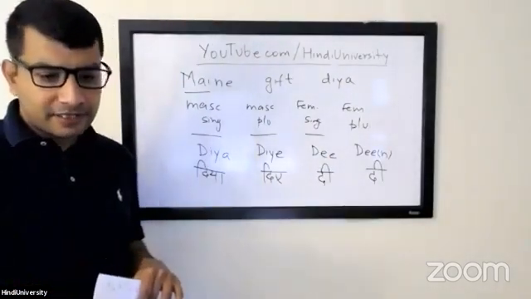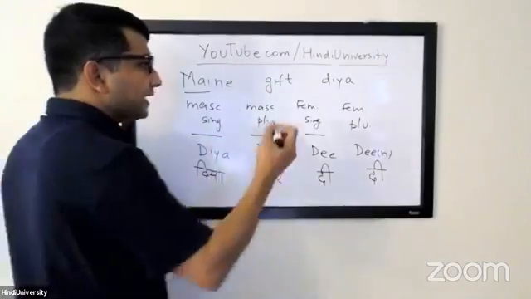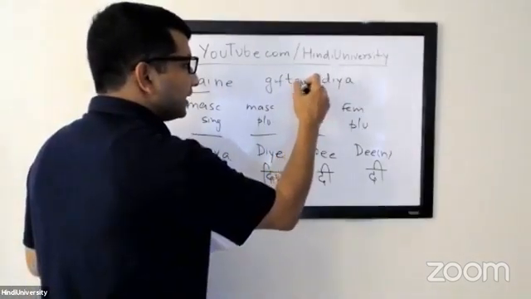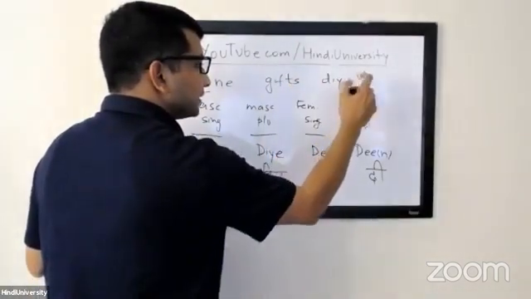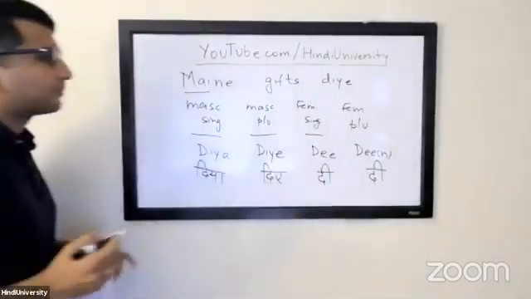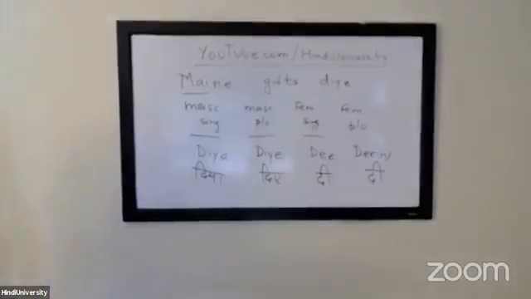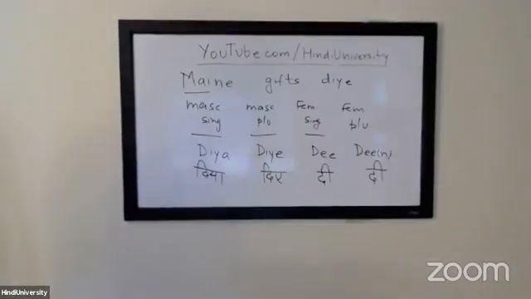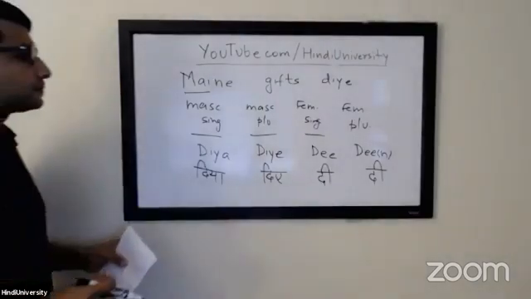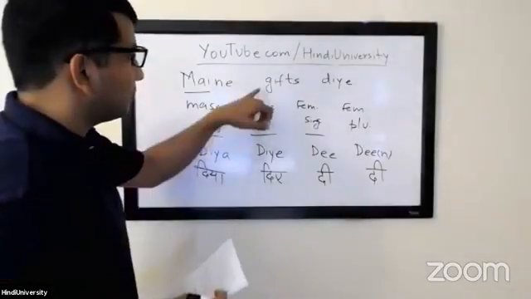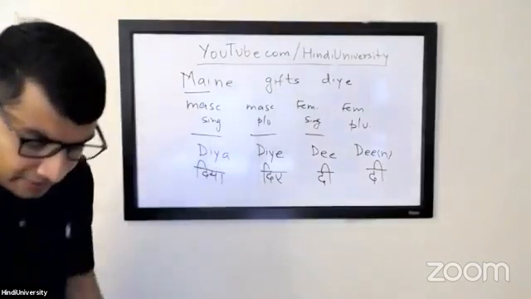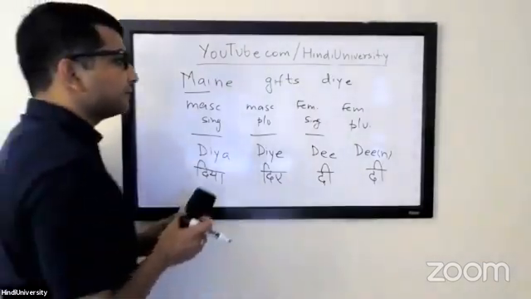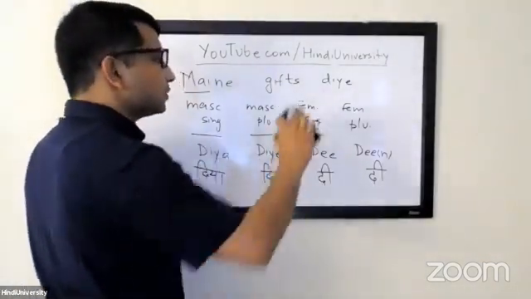If you are saying it plural, मैंने gifts दिए. Right? Now, similarly, right now we have gift and gifts, which is masculine singular and masculine plural.